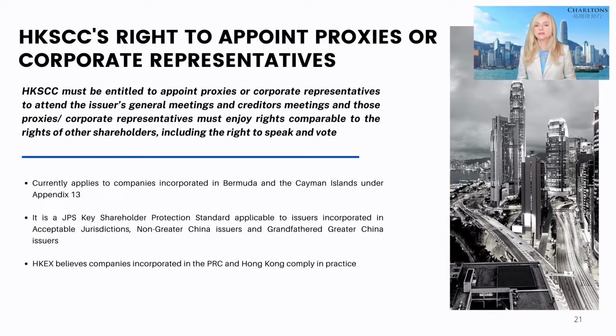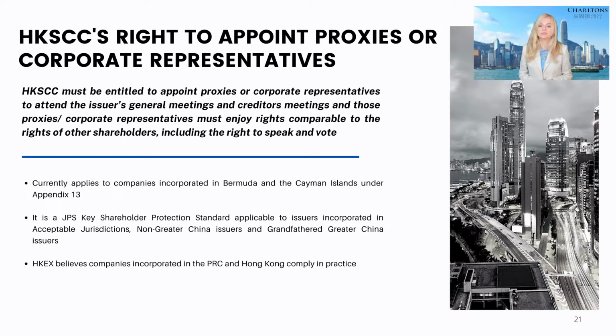This standard currently applies to companies incorporated in Bermuda and the Cayman Islands under Appendix 13 to the listing rules. It's also a key shareholder protection standard under the joint policy statement applicable to issuers incorporated in acceptable jurisdictions, as well as non-Greater China issuers and grandfathered Greater China issuers.